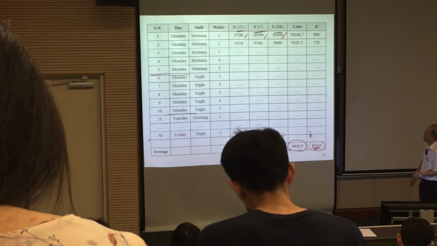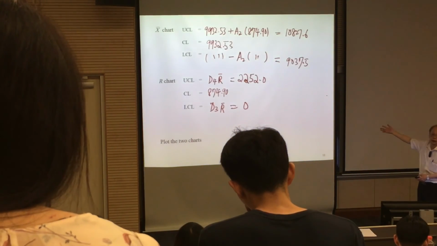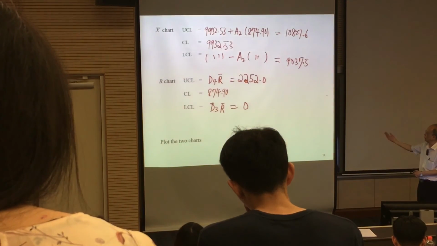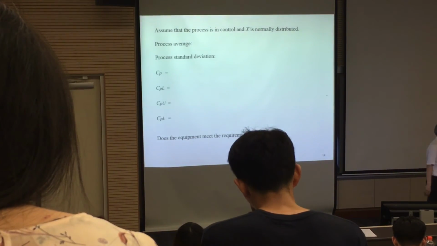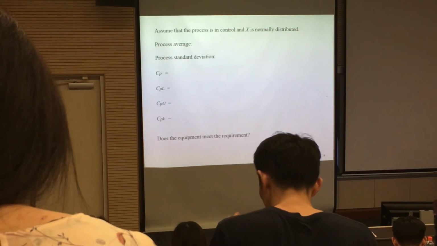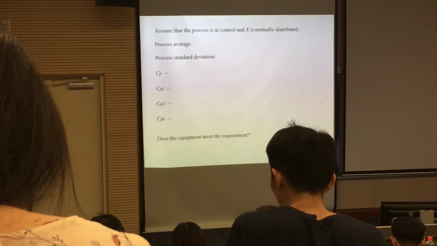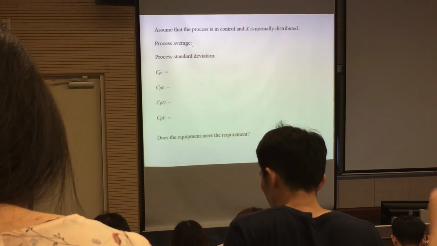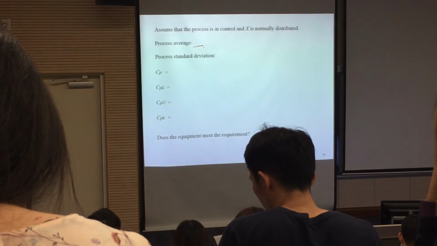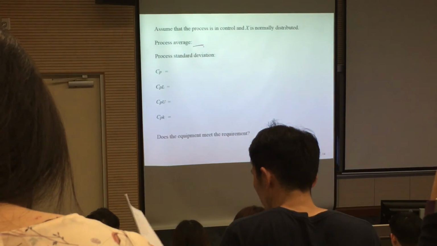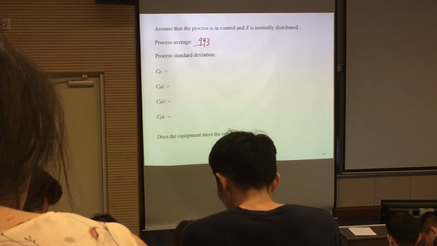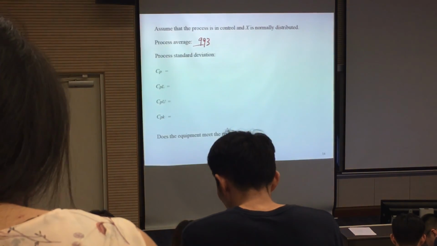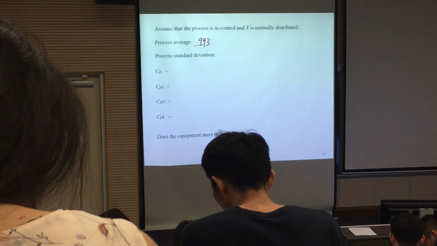Then let's assume that it's in control, and we can continue to calculate Cpk. Can you calculate the Cpk? See whether it meets 1.33. What you need: here is the process average, you know already. Average is 9933, let's forget about the decimal place.